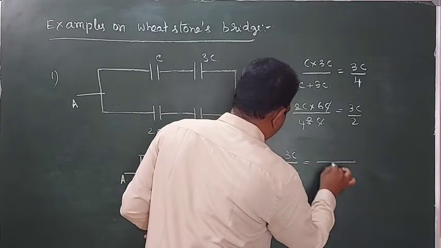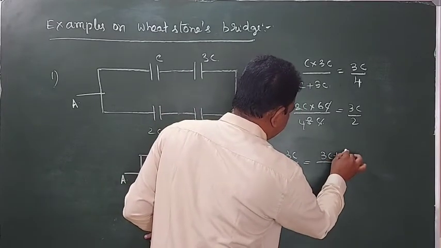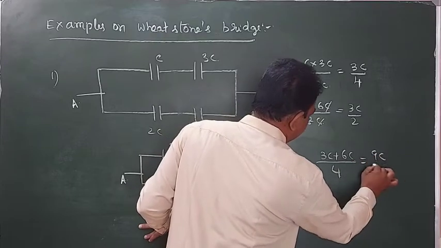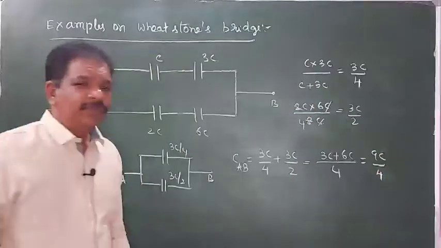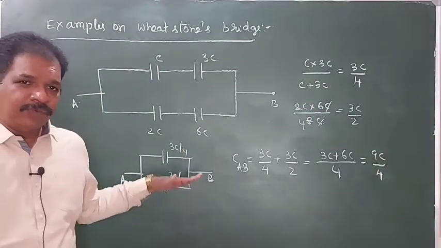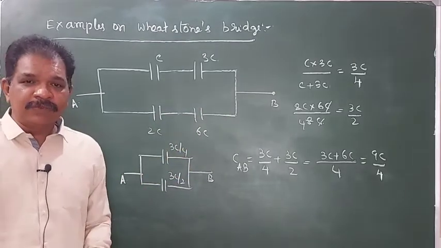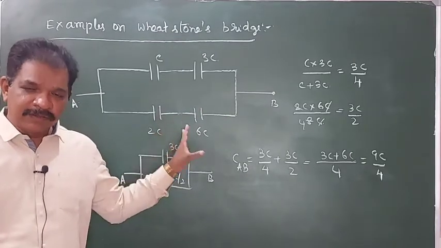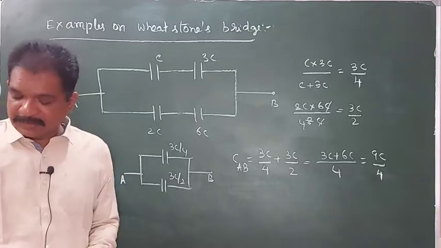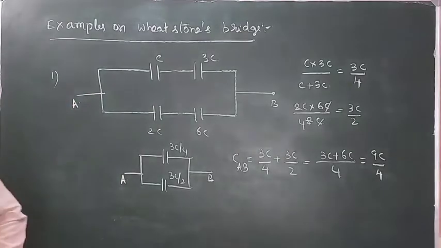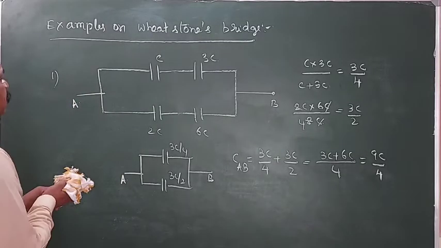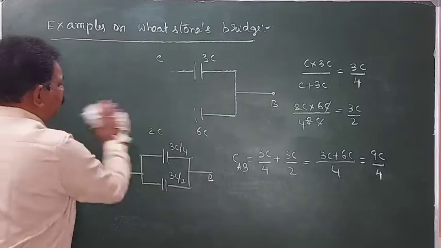LCM will be 4. Here 3C, here 6C. Final value 9C by 4. Clear? Like this, problems on the Wheatstone bridge will be there relating to capacitors. Still, we will discuss some more examples on the Wheatstone bridge.